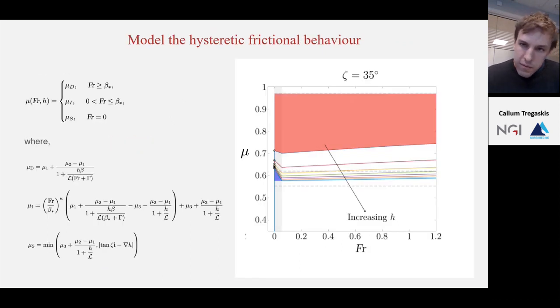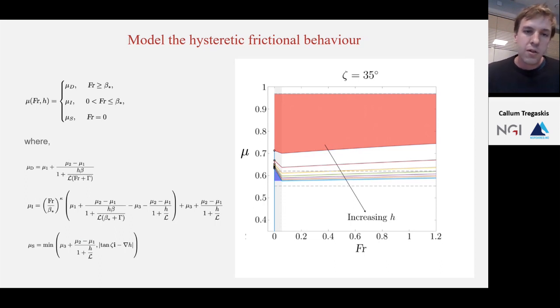And then what we find is that even if we do that, we're still missing some extra information. So what we can do is take an empirical approach and just measure what's happening to static material and how it transitions from static material to flowing material and vice versa.